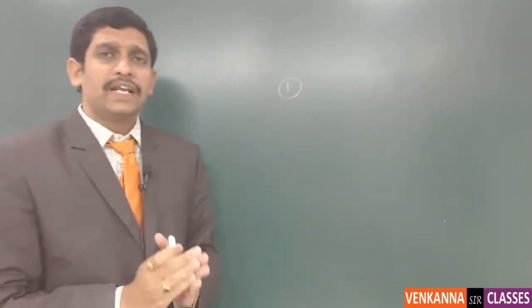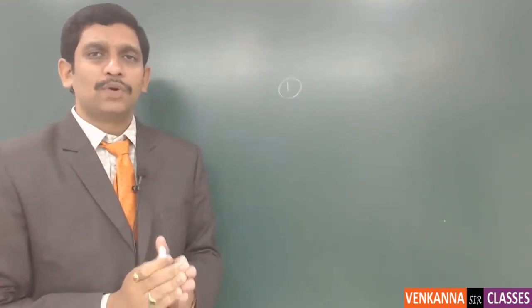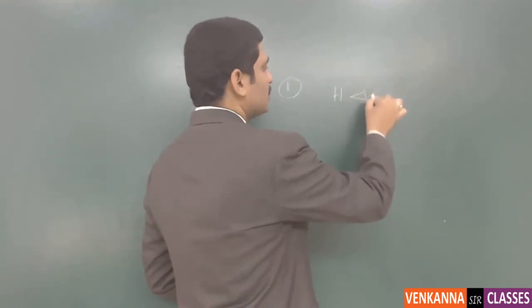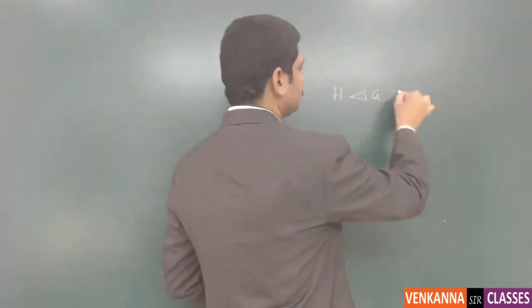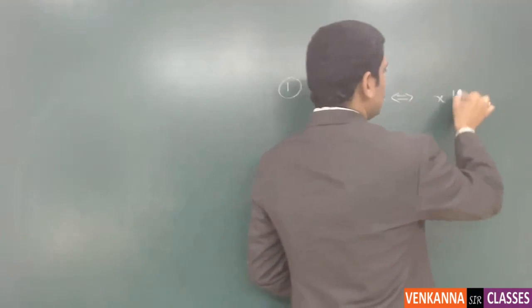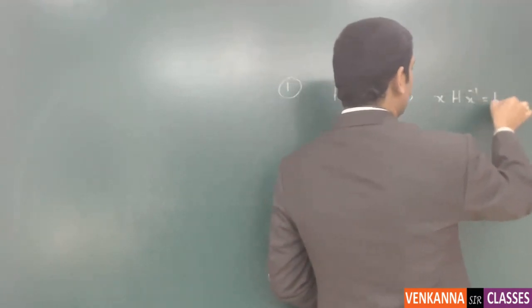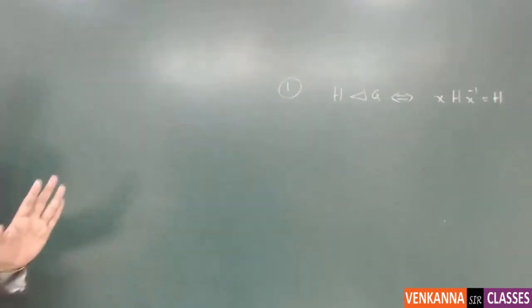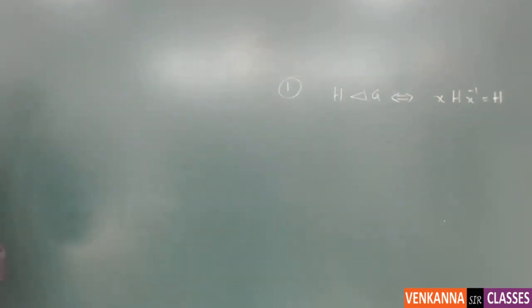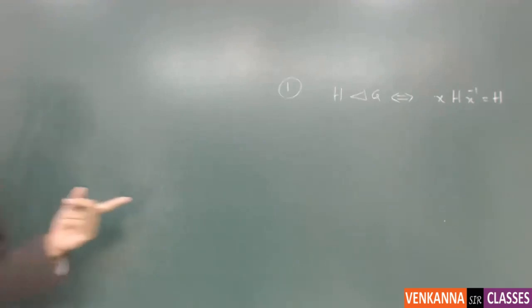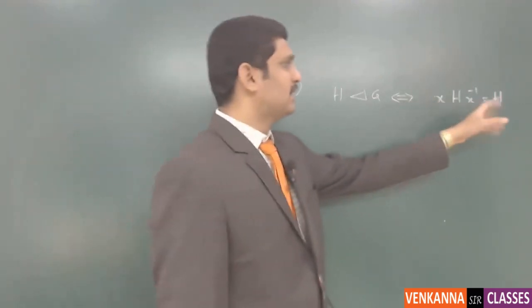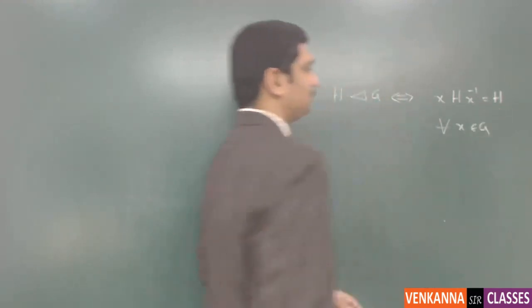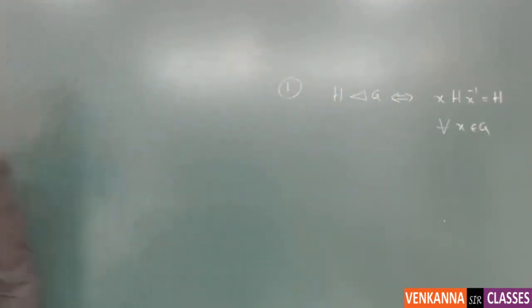From the very definition of normal subgroup, we need to understand that H normal subgroup of G means x H x inverse equal to H. This is the fundamental thing we need to understand. If H is a normal subgroup of G, then x H x inverse equals H for every element x belongs to G. This is one result.